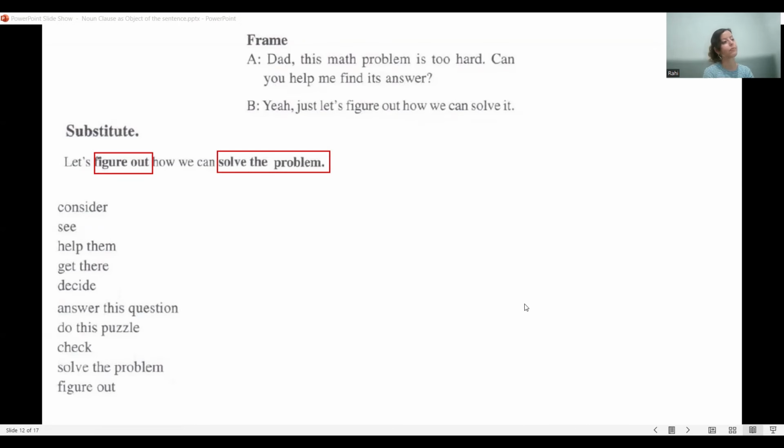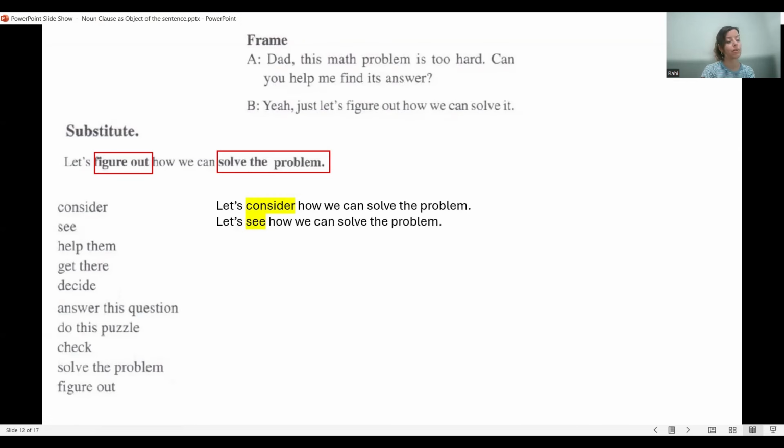Consider. Let's consider how we can solve the problem. See. Let's see how we can solve the problem. Help them. Let's see how we can help them.